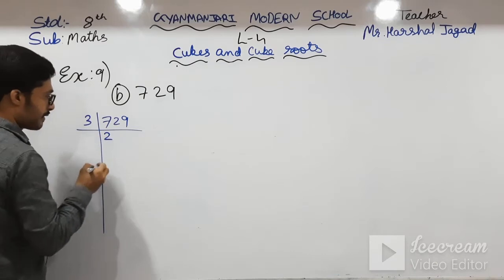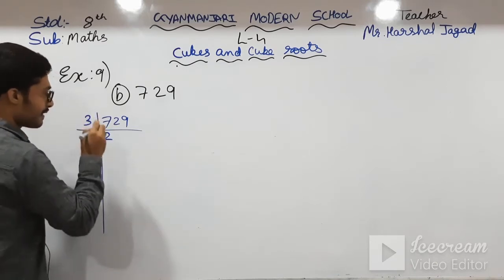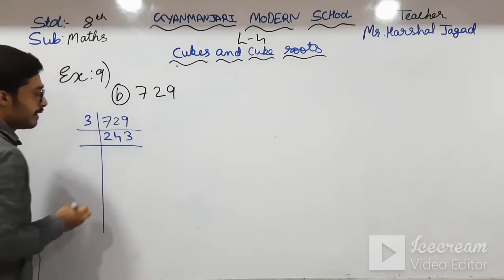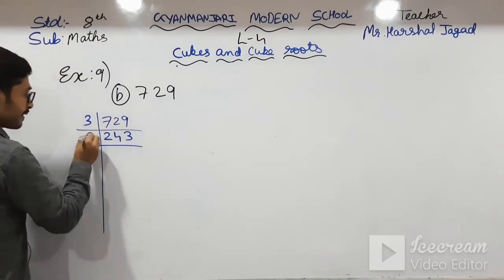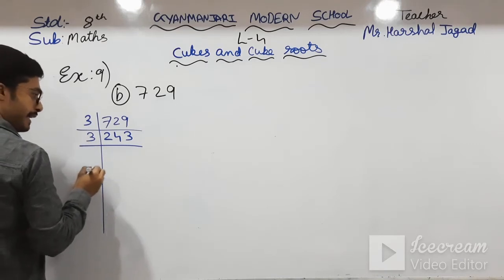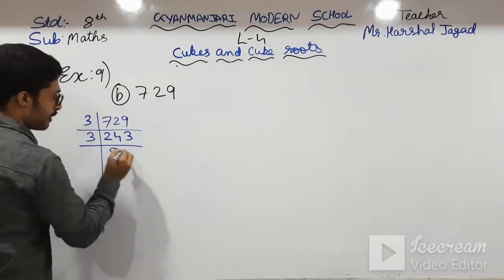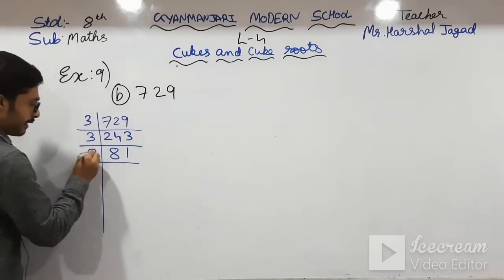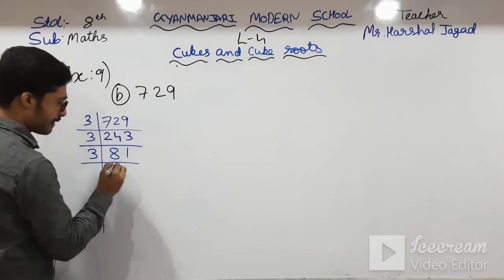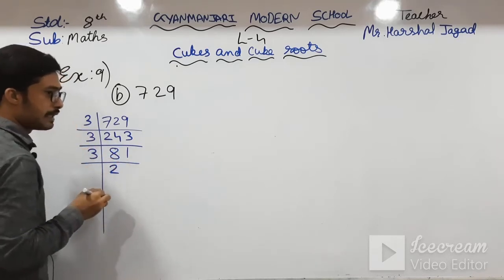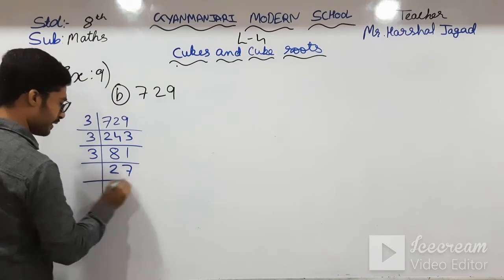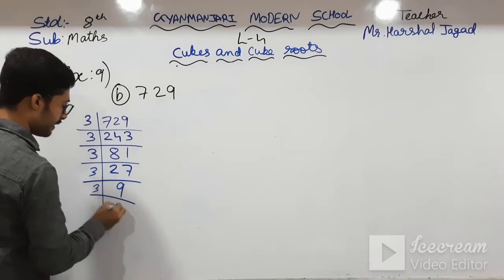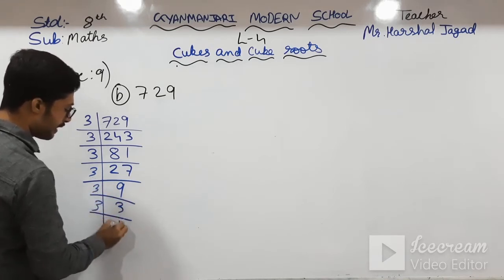3 2s are 6. 1 remaining. 3 4s are 12, 3 3s are 9, again with 3, 3 8s are 24, 3 1s are 3, again with 3, 3 2s are 6, 2 remaining 21, 3 7s are 21, 3 9s are 27, 3 3s are 9, 3 1s are 3.